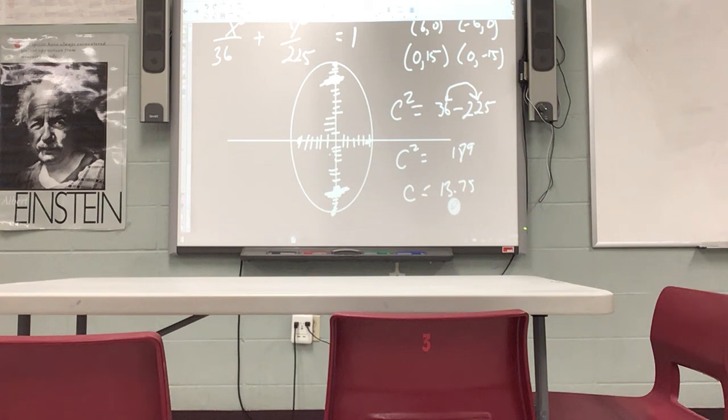So what do the foci do? The distance between the foci is equidistant. An ellipse is the set of all points where the sum of the distances from two fixed points, called the foci, is a constant.